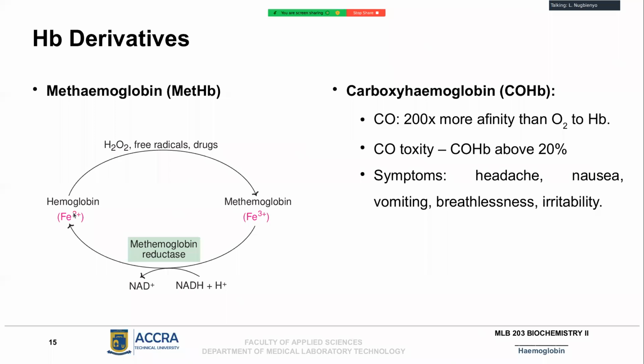Now, some drugs, some free radicals in the body can cause the oxidation of this ion to the trivalent ion. And that will result in what is referred to as methemoglobin. And methemoglobin, of course, has lesser affinity for oxygen. This is also an enzymatic reaction, catalyzed by an oxidoreductase, methemoglobin reductase. So some drugs can actually cause hemoglobin derivatives like methemoglobin.